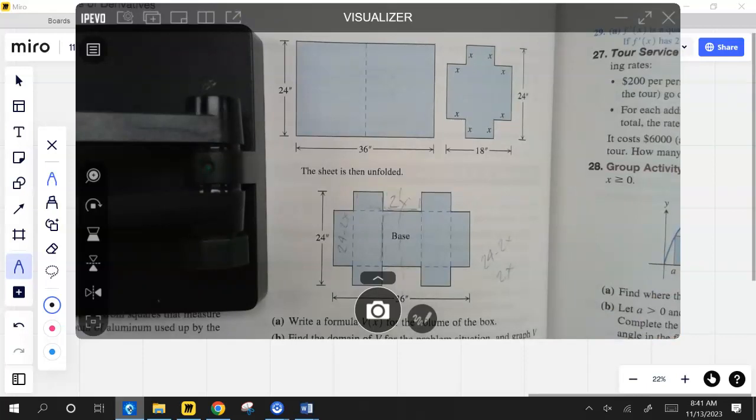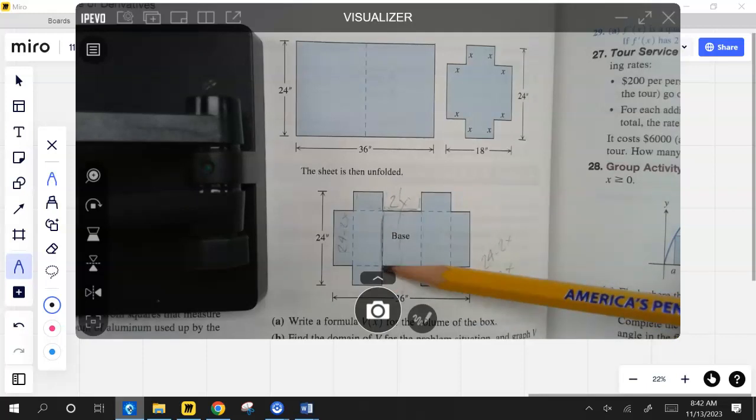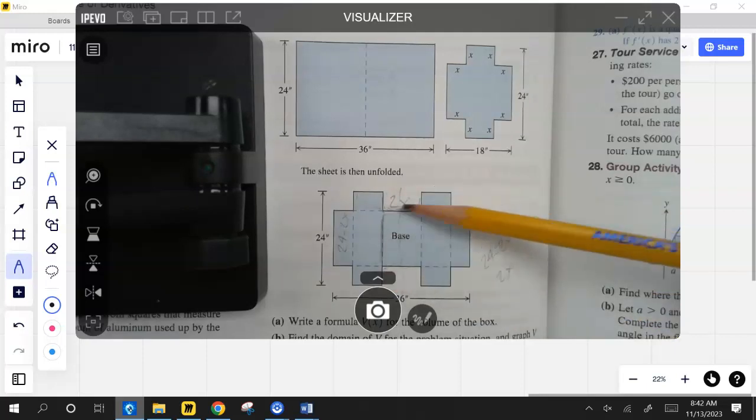Now how about the height? We're finding the volume, so we need the length, the width, and the height. Okay, so I looked at the base since it's a rectangle. So I've got length, that's 24. This is 24 minus the 2x's on the side. The width here of the base is 2x.